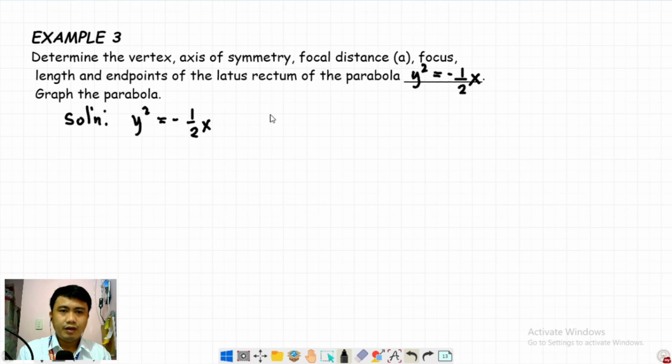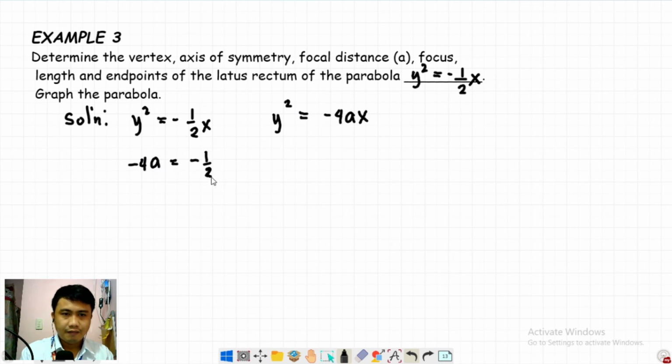We're going to utilize the earlier equation. It's negative, so negative 4x. Equating them, negative 4a equals negative 1/2.